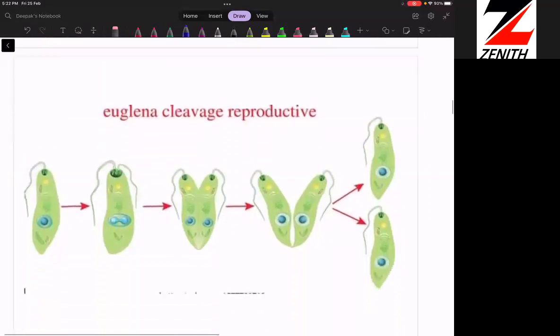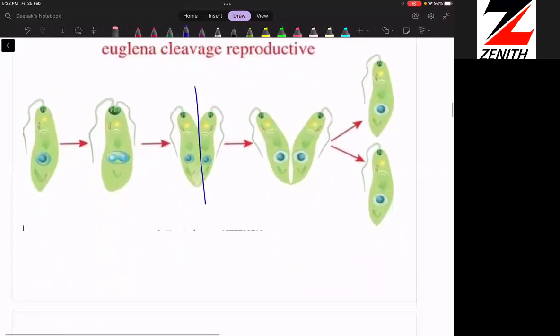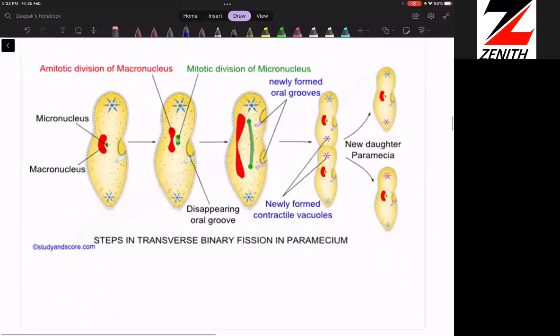When you talk about euglena, it also shows binary fission, but it divides longitudinally. When you talk about paramecium, paramecium divides itself transversely, right?